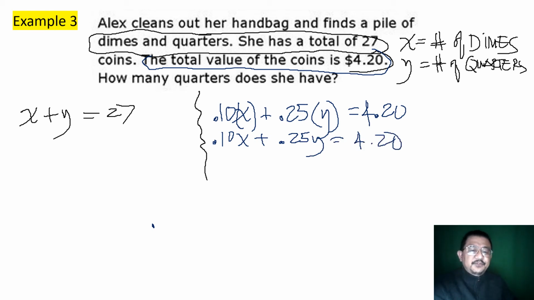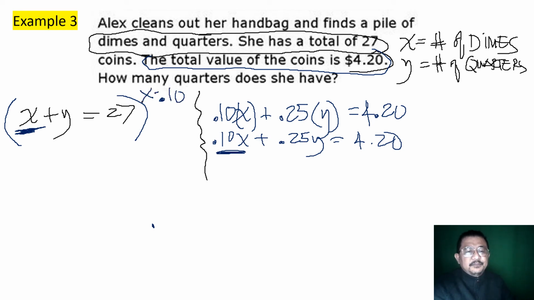Now, if you look at the first equation and the second equation, there's nothing to cancel. They're all different. But let's cancel something from the x so that the y will be remaining. If only this would become what? I want it to become a negative 0.10. So I will multiply it by what? Negative 0.10.